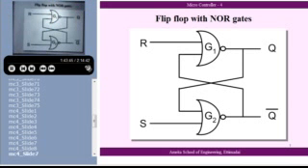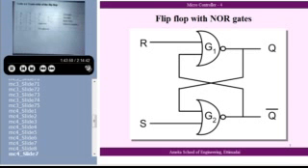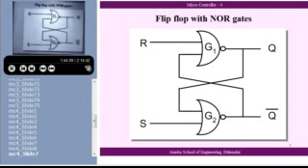Just to consider both the cases. Take the case when R was 0 and S was 1. Now you take S from 1 to 0. This was 1, this was 0.